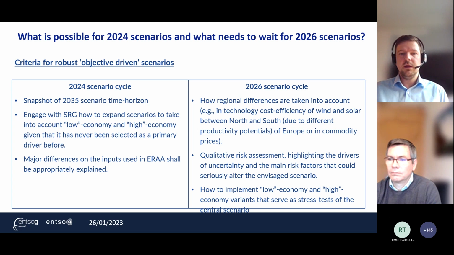And linked to the high and low economic variant, we will work on implementing this as a stress test for the central scenario. It's not written here, but this will of course be in close cooperation with the SRG. Based on the discussion, we hopefully will have this already early mid this year.